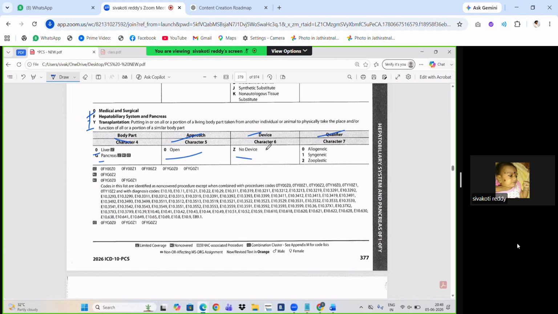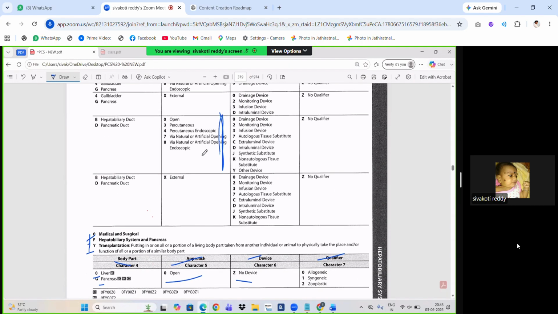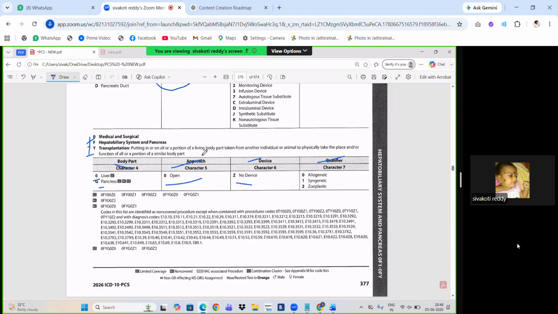When we have multiple approaches, you need to look at what approach they used. Suppose here, check, we have multiple approaches. We need to check what approach they used for the procedure. Here, only one approach is given, so no need to check any approach. Whenever they give multiple approaches, you need to check what approach they used. Whenever they give a single approach, no need to check exactly what approach they used. Clear? Next.